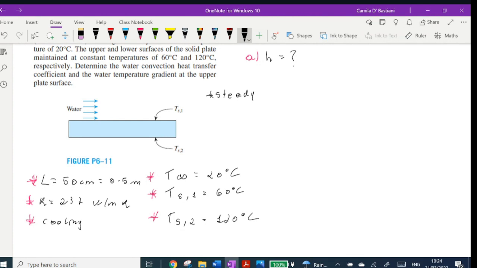And I'm going to assume that the heat conduction in the solid is one-dimensional. And there is one important thing here, I'm going to give you the page for you to read afterwards, but we're going to be assuming a no slip condition at the plate surface.